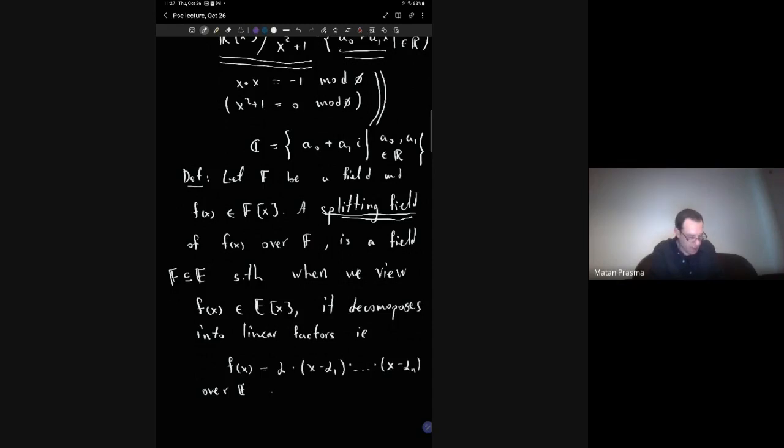Right? So alpha and alpha 1 up to alpha n are elements now in E. I mean, they are roots of this polynomial that possibly did not exist in F, but they do exist in E.